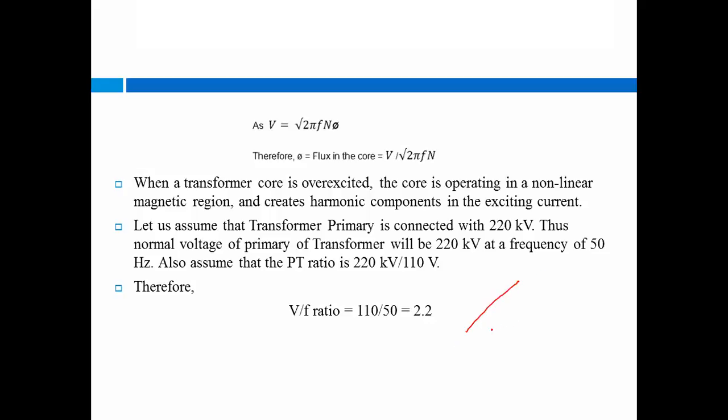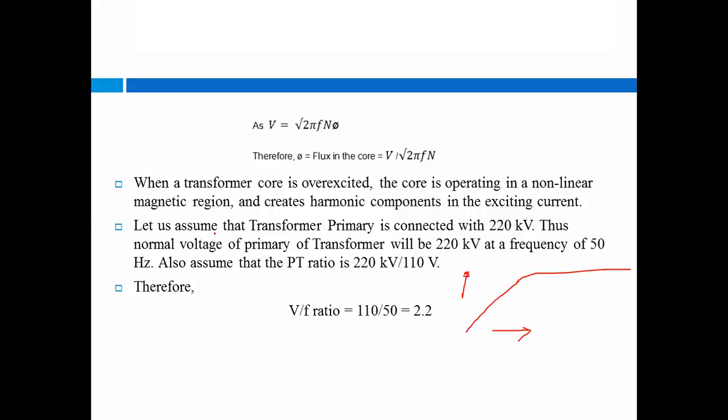Means your current is increasing, and in that proportion only your flux is increasing. But when this transformer core is overexcited, when you are supplying more current, you get the non-linear characteristic. So it will create the harmonics, and these are again dangerous to the transformer.